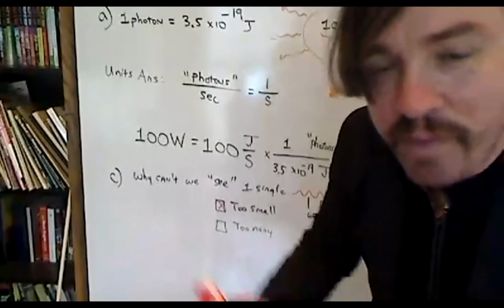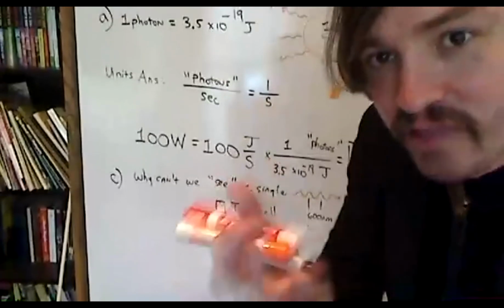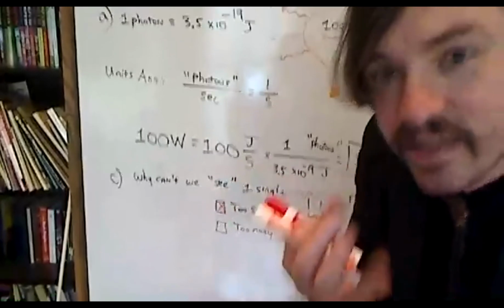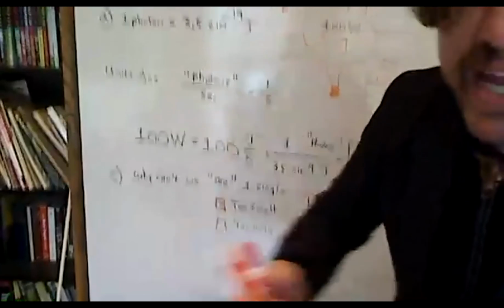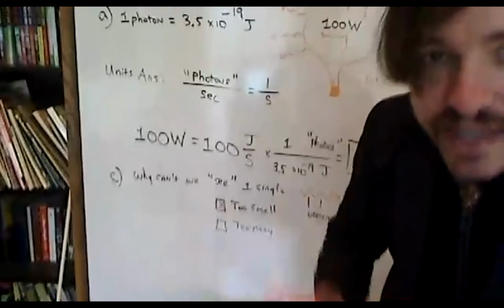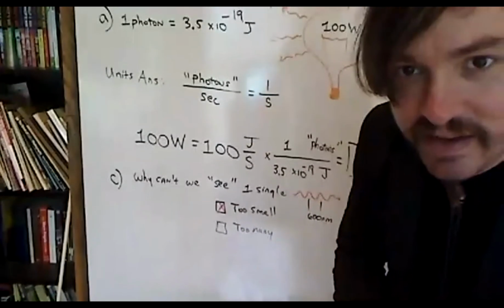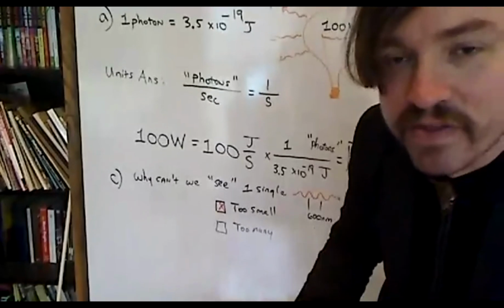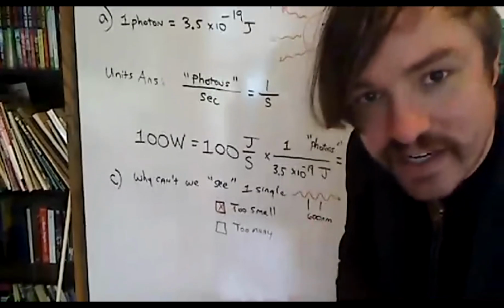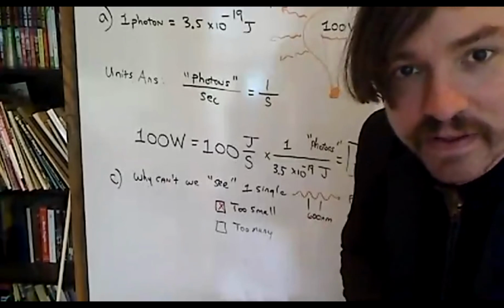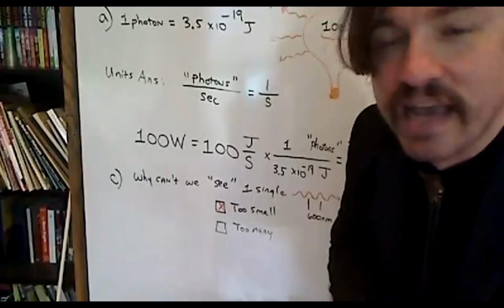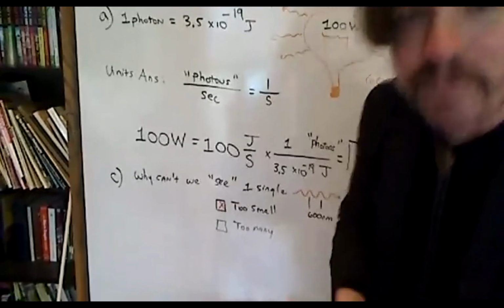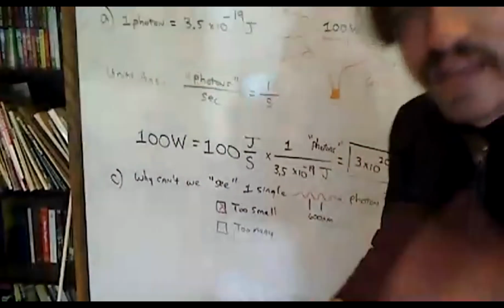But if I scoop up a handful of beach sand and look real close, I can still see individual grains of sand. Just because there are too many of a thing does not mean that you cannot see individual members. There can be too many pine cones on a pine tree, but I can still detect an individual pine cone. There can be too many people in Times Square, but I can still see the individual people. Just because there's a lot of something, that's not an argument. So I'm putting an X next to that too.